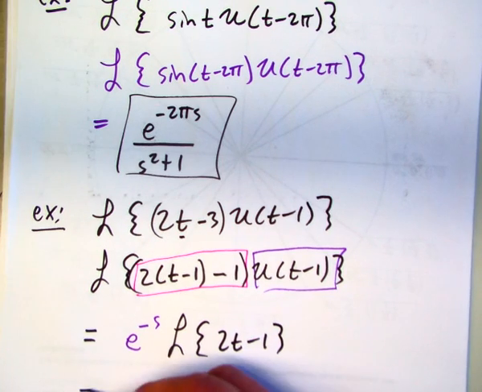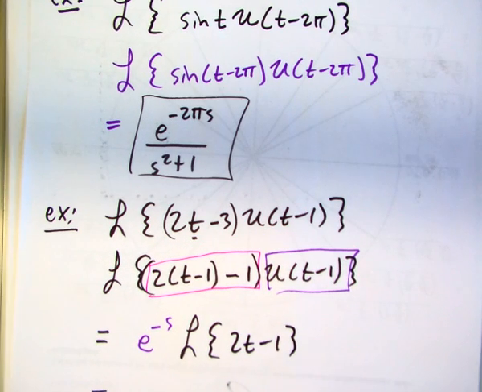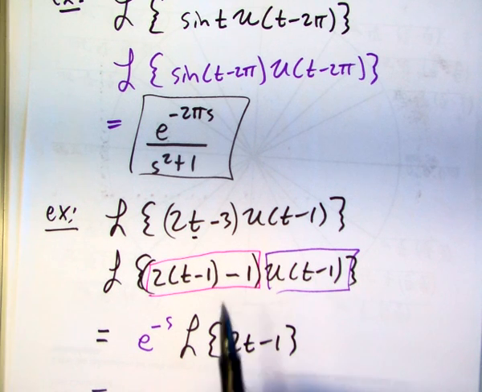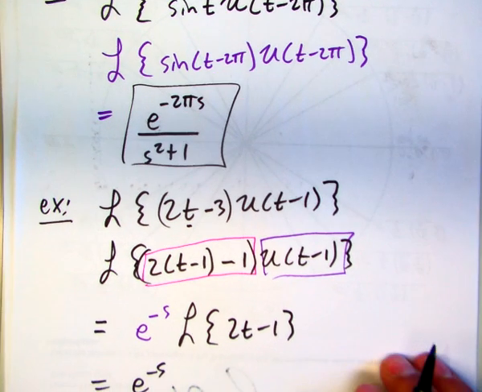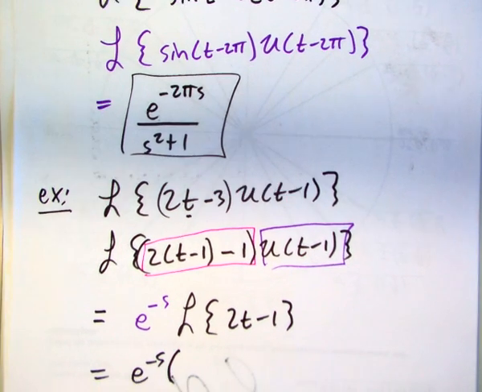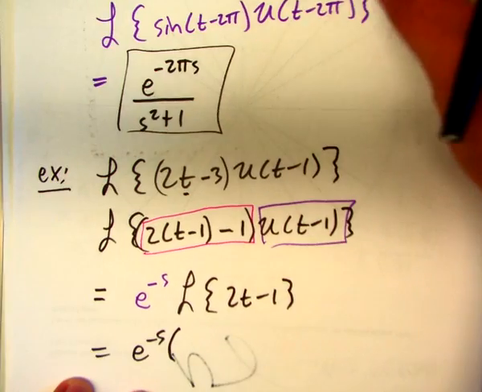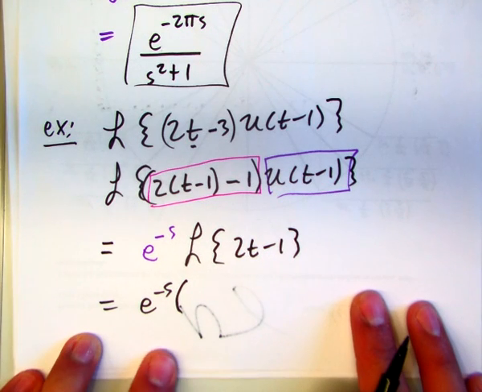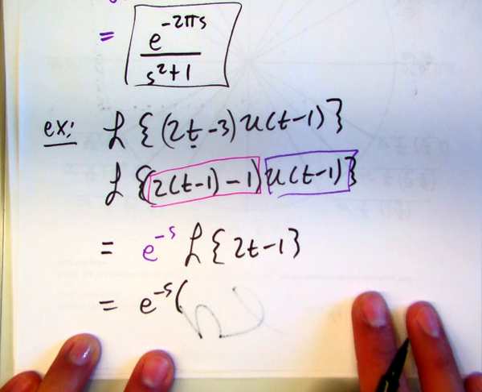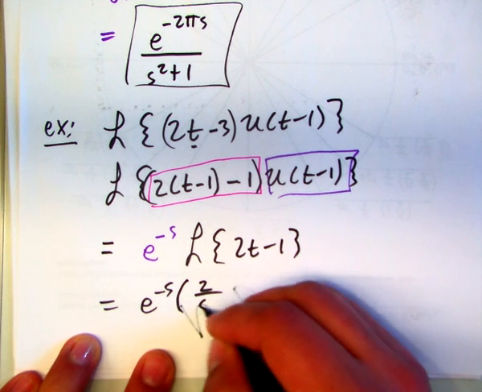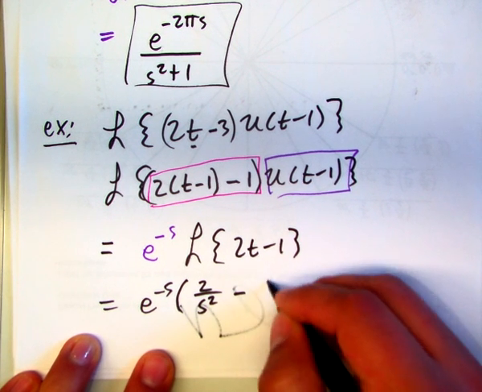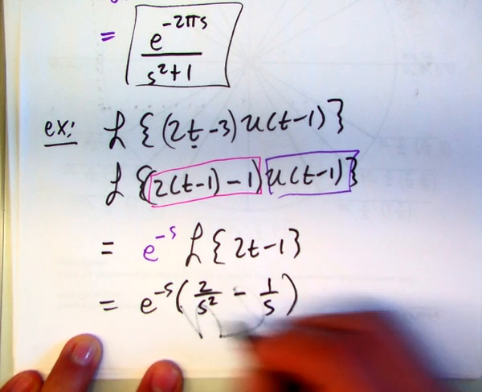The parent function is 2t minus 1. So that's e to the minus s times, what's the Laplace transform of 2t? 2 over s squared minus 1 over s, and we're done. Okay?